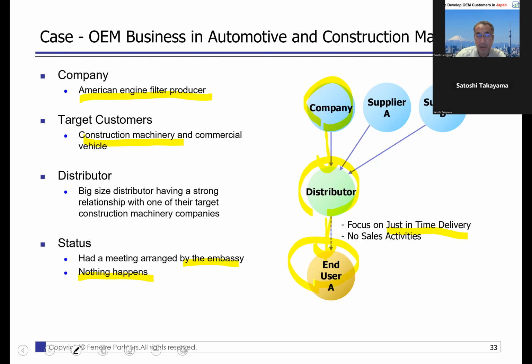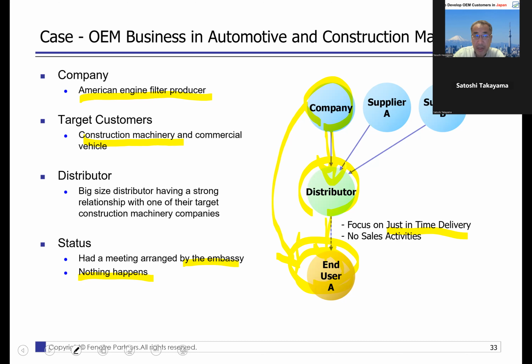So in this industry, you have to do sales activities directly with end user A, like Toyota, Komatsu, Suzuki, and you need to have a technical discussion with end user A's engineers. And after making an agreement, you should arrange delivery with the distributor.